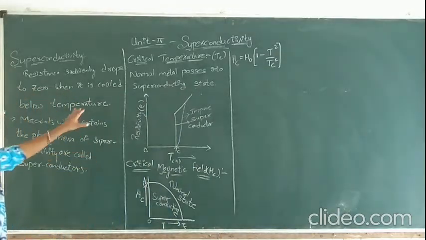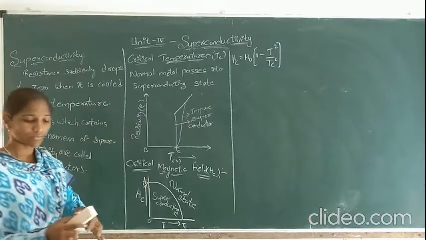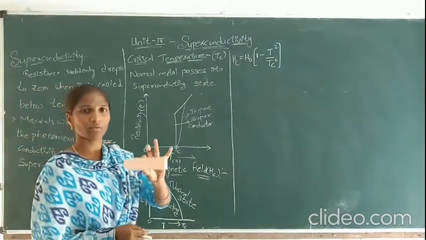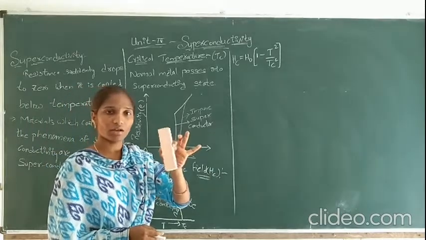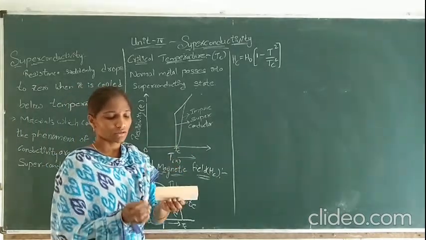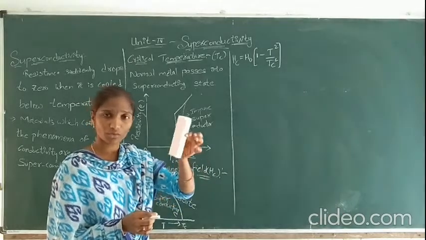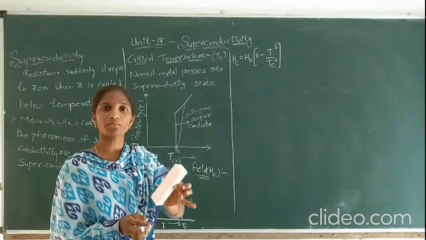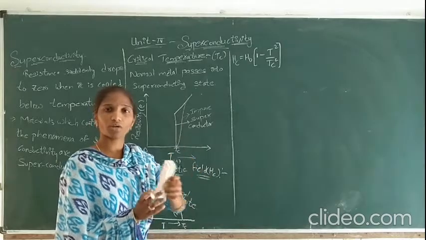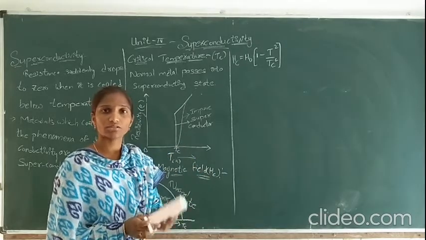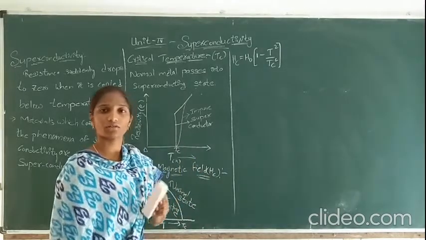Now, what does superconductivity mean? Suppose we consider a conductor. If the material's resistance suddenly drops to zero when it is cooled to a low temperature, this is known as superconductivity.